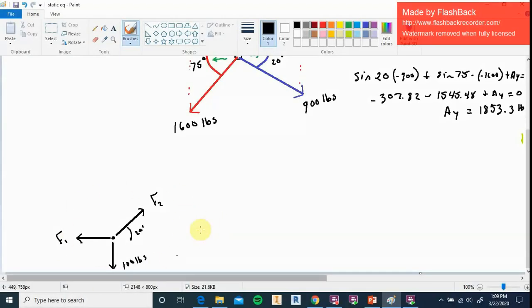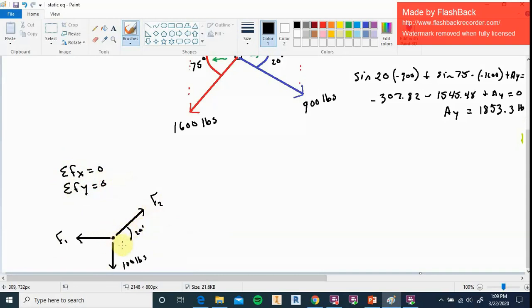Alright, so let's take a look at another example here of static equilibrium. Since we can't see it up here, I'm going to write our equations in. We've got the sum of the forces in x equals 0 and the sum of the forces in y equals 0.